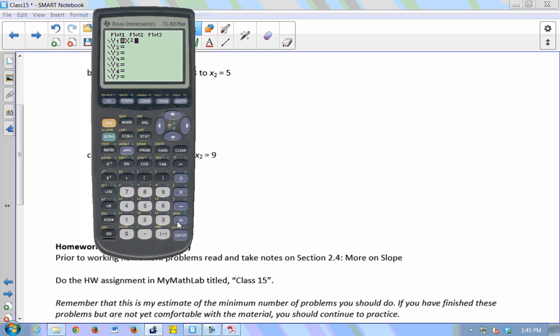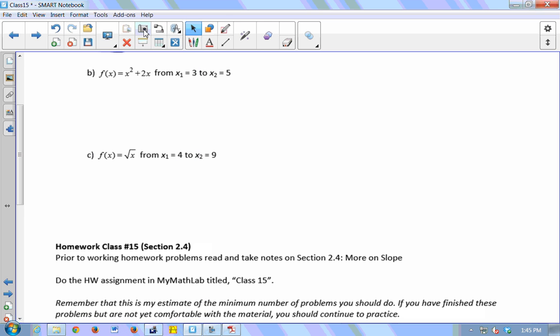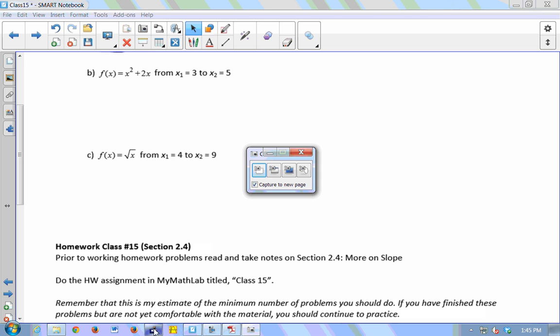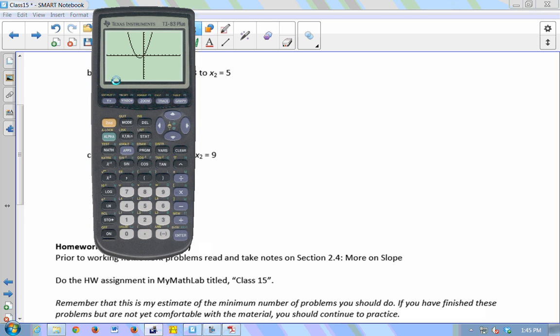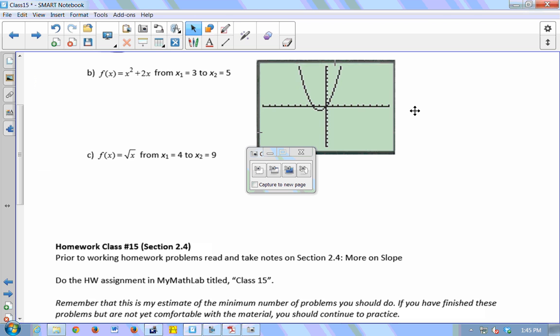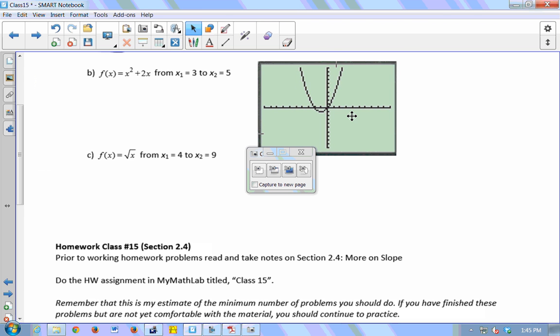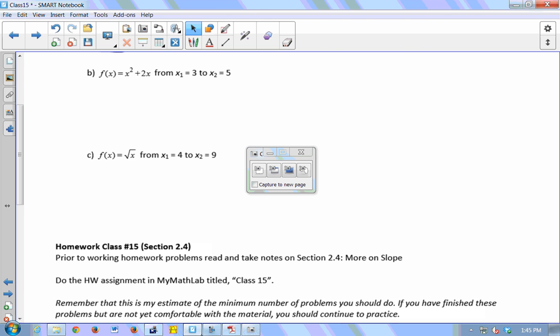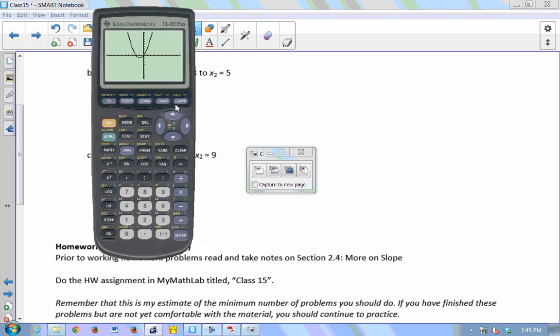X squared plus 2x. Actually, I don't think that's a good window. Hold on. I need to be able to see the point on the graph when x is 2.